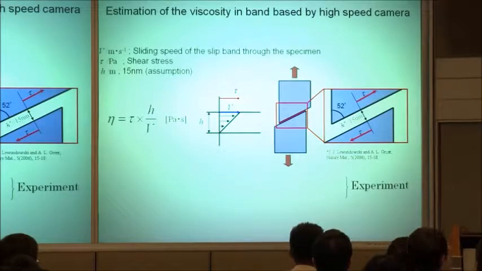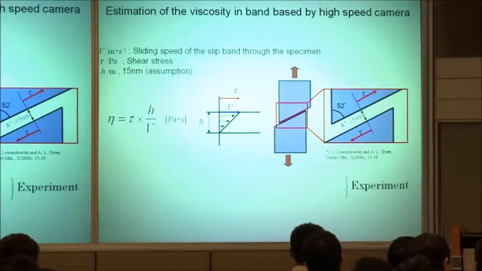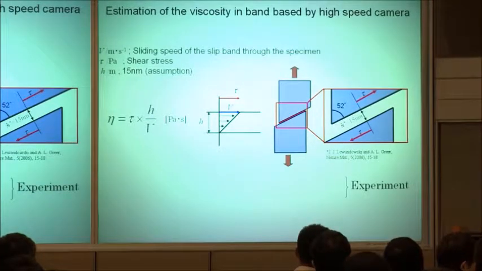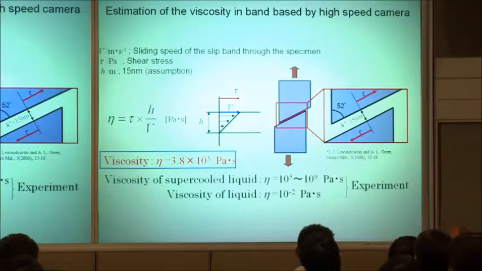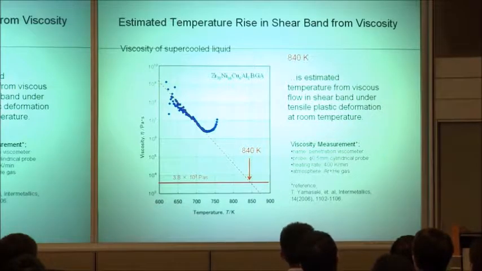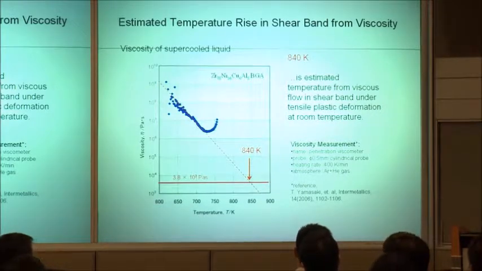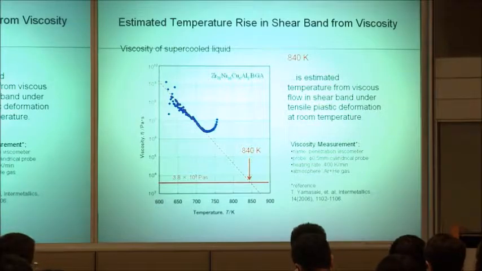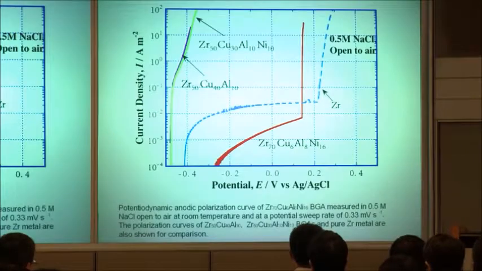When we assume the thickness of the shear band is about 15 nanometers, from these relations we can estimate that the viscosity is 3.8 times 10^3 Pascal second, and the temperature reaches about 840 kelvins, which is much higher than the glass transition temperature, just inside the shear band under tensile plastic deformation at room temperature.